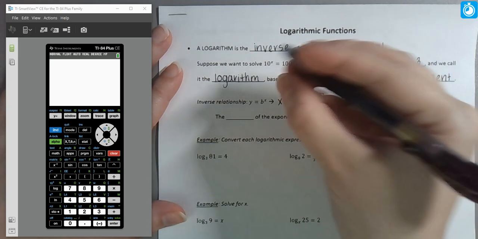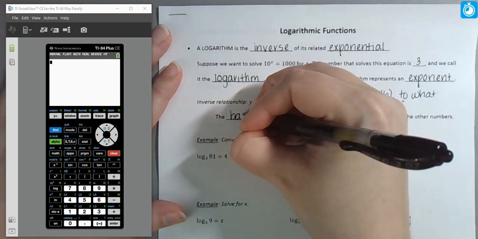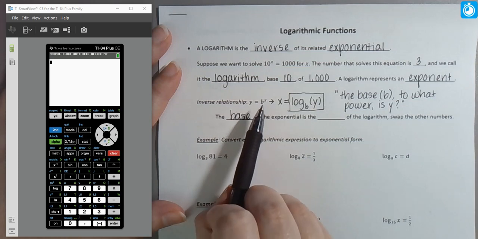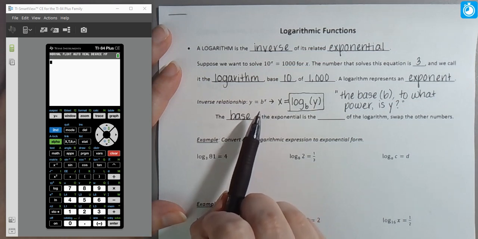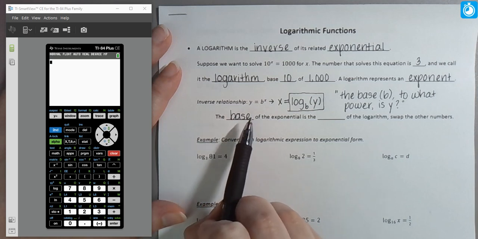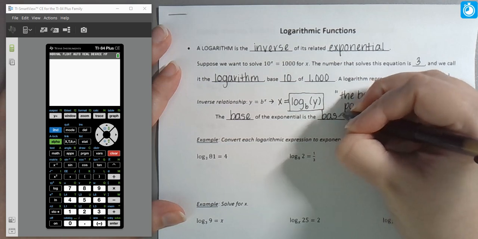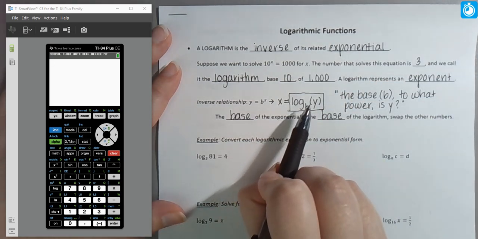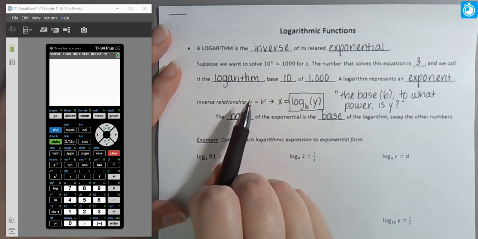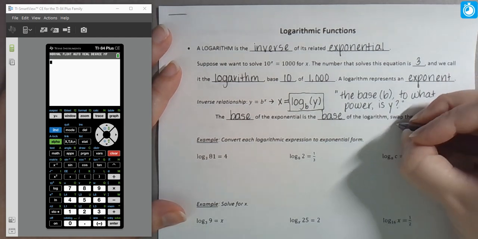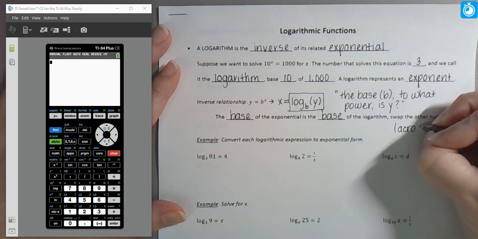The biggest thing to remember is that the base of the exponential, which is the fixed number, with the variable in the exponent, is also the base of the logarithm, which is going to be our subscript. And then the other two numbers in the problem, x and y, or whatever they happen to be, if they're actual fixed numbers, are going to swap places across the equal sign.